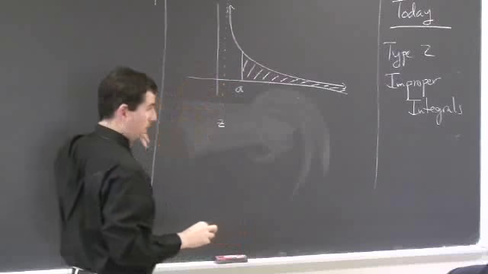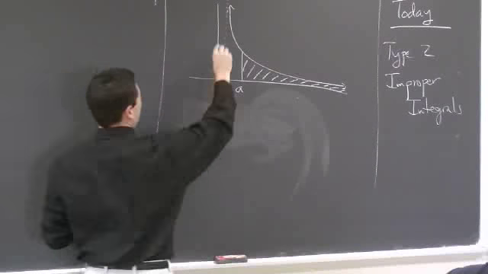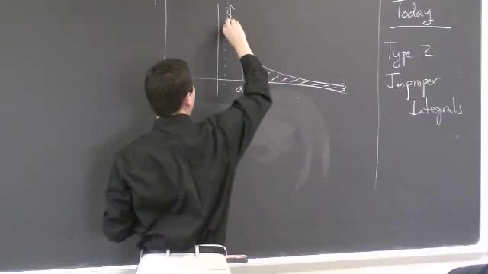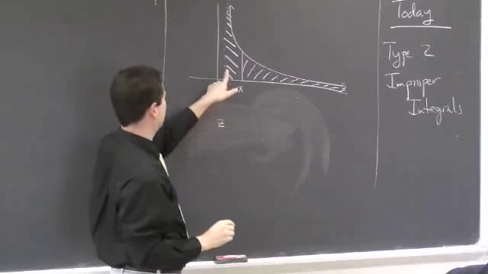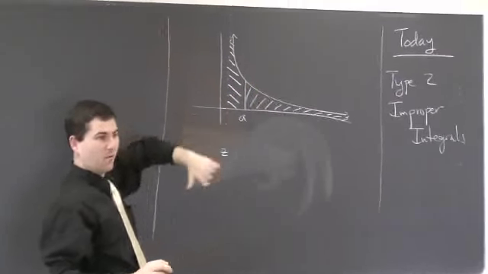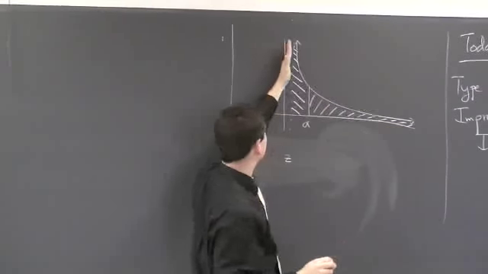And we're going to compute it in an analogous way. So now we're looking at this sort of area, and we're going to ask if this thing converges. So you see, it's really the same question. Just now, instead of converging towards something horizontal, you're converging towards something vertical.